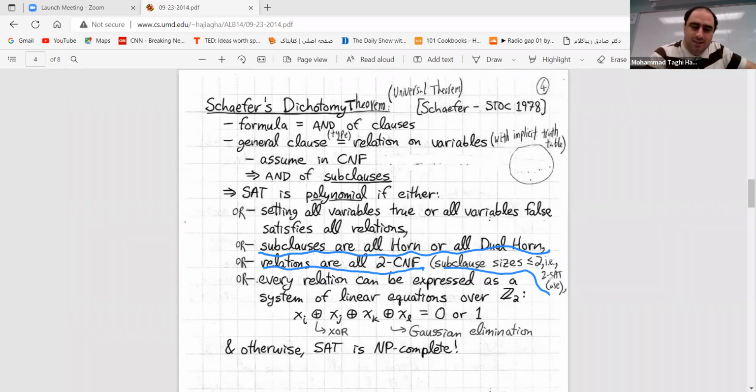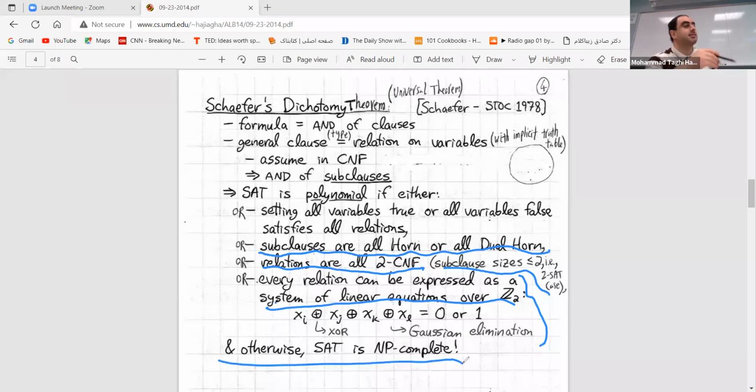The last but not least one is the interesting thing: every relation can be expressed as a system of linear equations over Z2. This is the one that we didn't consider. We will talk about it. He said that if these are not the cases, then this SAT instance is NP-hard, or NP-complete.